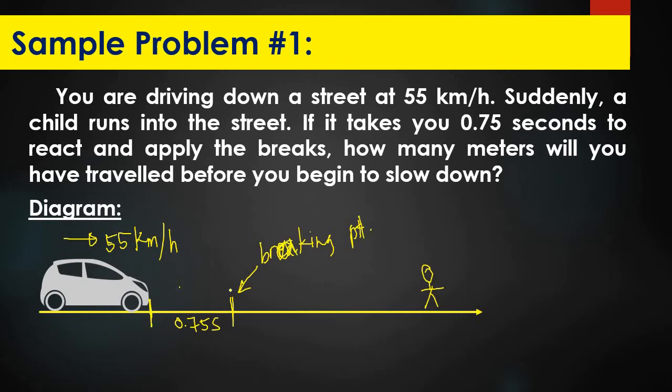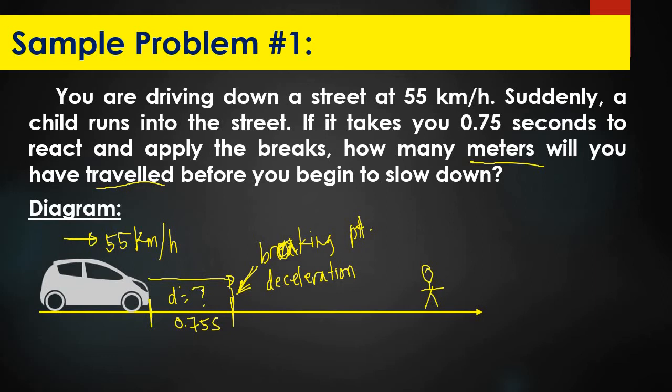Since it was delayed, only here does your braking start, only here does your deceleration start. So, deceleration point. At this point, up to that point, your velocity is still 55 kilometers per hour. How many meters will you have traveled before you begin to slow down? So, this is it. How far did you travel?